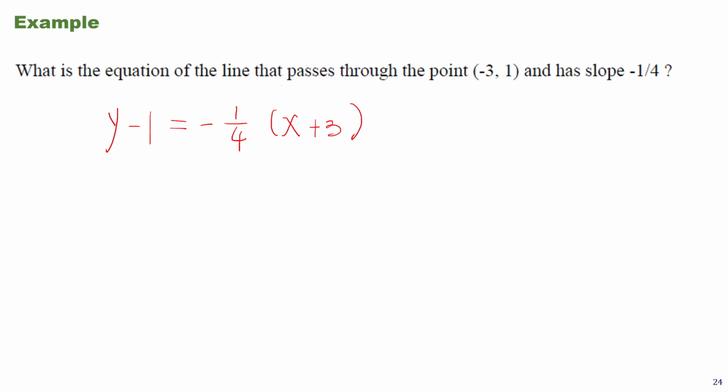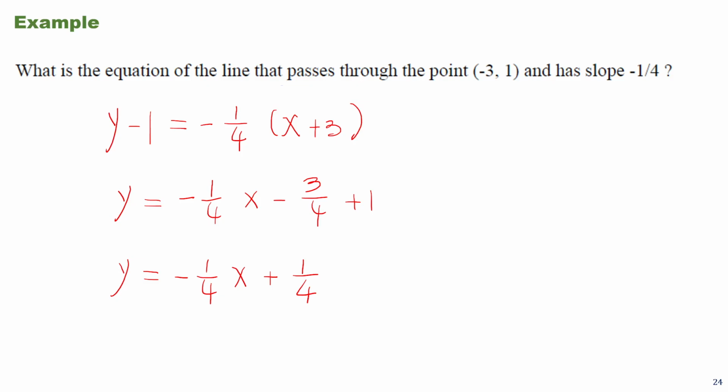Minus 3 gives you plus. So that's equivalent to y equals -1/4 x minus 3/4 then plus 1. And usually we'll convert it to slope-intercept form, which is y equals -1/4 x then plus 1/4, right? That's the equation of this line.